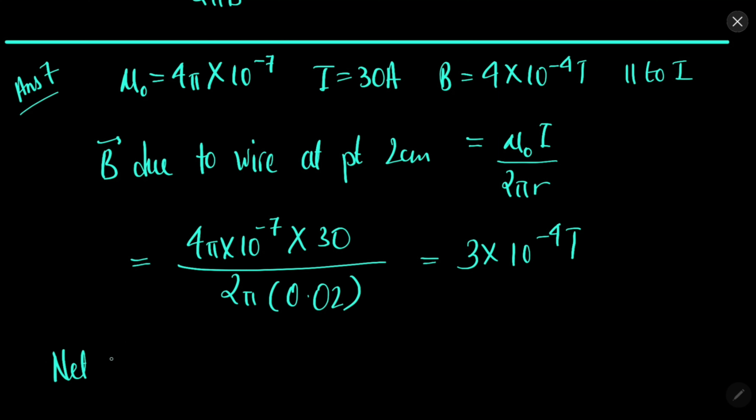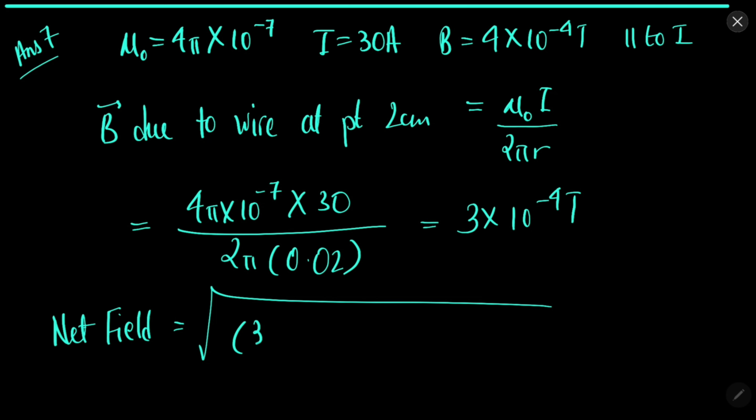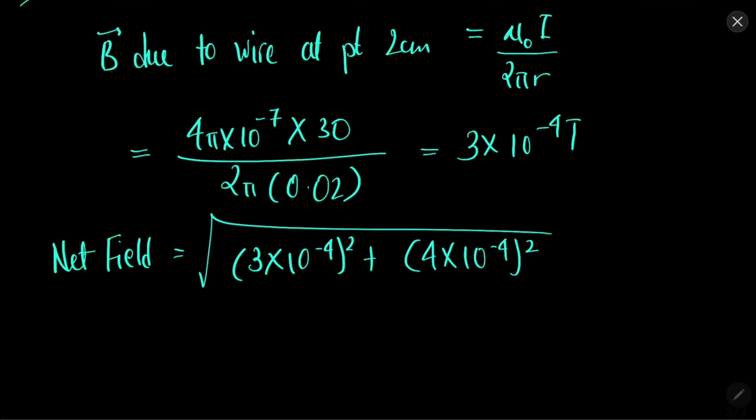So the net field will be, as they are perpendicular to each other, 3 into 10 to the power minus 4 squared plus 4 into 10 to the power minus 4 squared, so the net field will come out to be 5 into 10 to the power minus 4 Tesla.